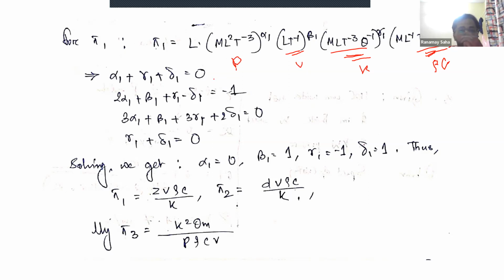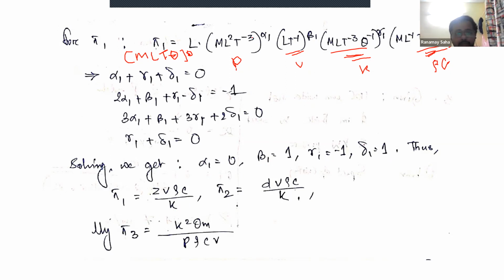So when you have replaced all of them, you take the constants for pi 1 as M, L, T, theta are 0, right? And you compare all the values of M, L, and T for the right hand side and the left hand side, and you find out the value of the constants alpha, beta, gamma, and delta for pi 1.